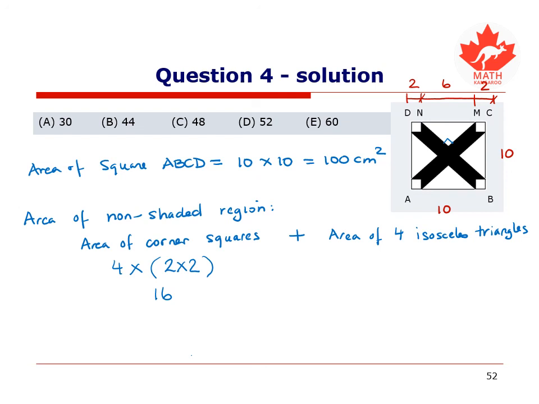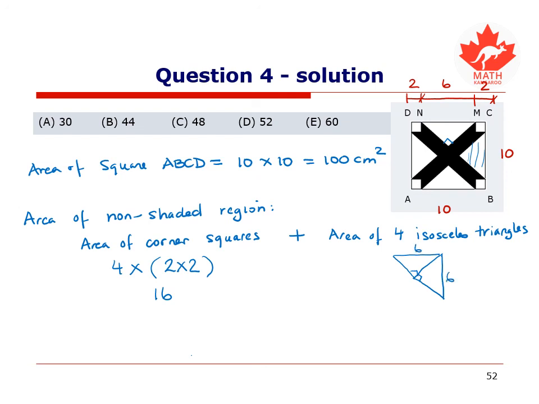If you take the 4 isosceles triangles, because they're right-angle triangles, we can take them and shift them to form a square. So this is this triangle, and then we have the triangle up top, and the dimensions are 6 and 6.